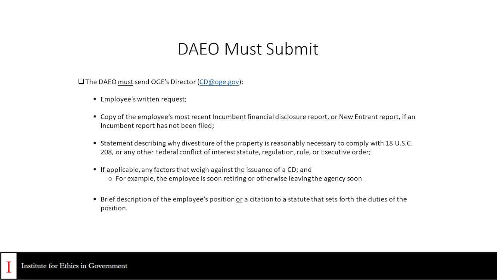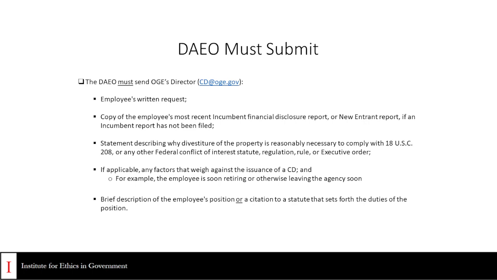Okay, now we're going to talk about what the DAEO must submit. The DAEO must send to OGE's director, and that submission can be made to the email address you see on the slide here, cd@oge.gov. The DAEO will submit to OGE the employee's written request, which we just discussed on the prior slide.